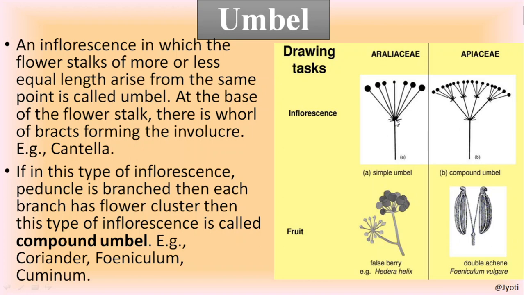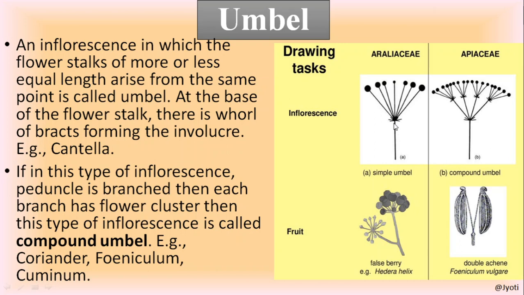At the base of the inflorescence, from the point where all the flowers are developed, the bracts form a whorl, a circle, that is called involucre.